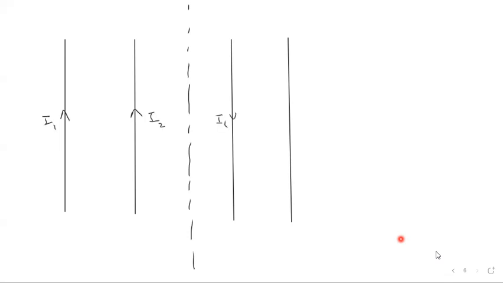Now, with that in mind, because wires create magnetic fields, just very briefly recall that if you have wires carrying current near each other, I1 and I2, then they will exert forces on each other.